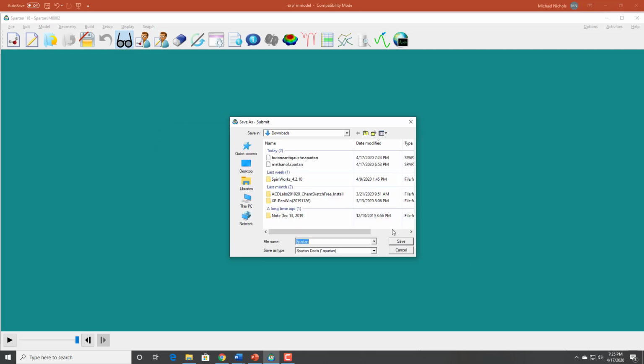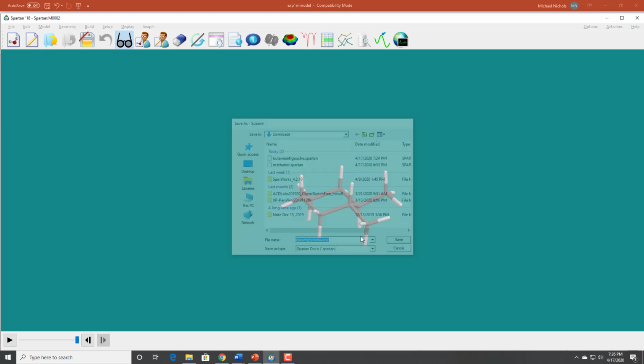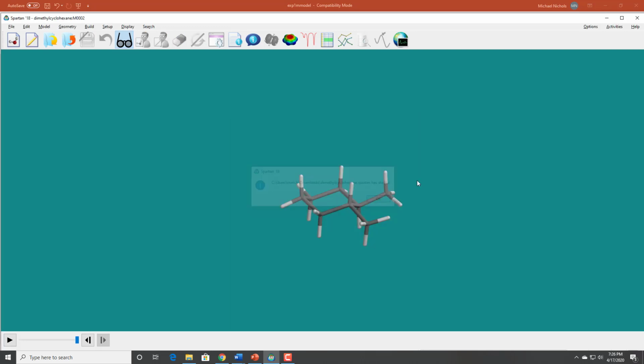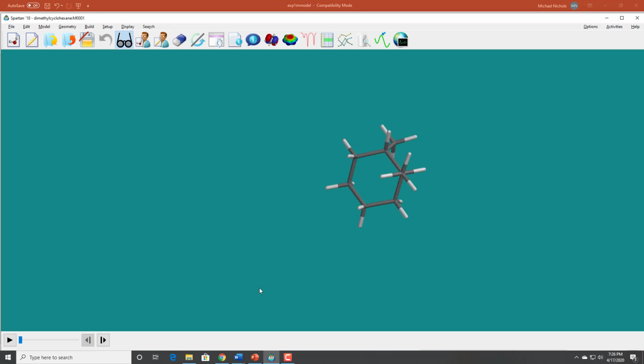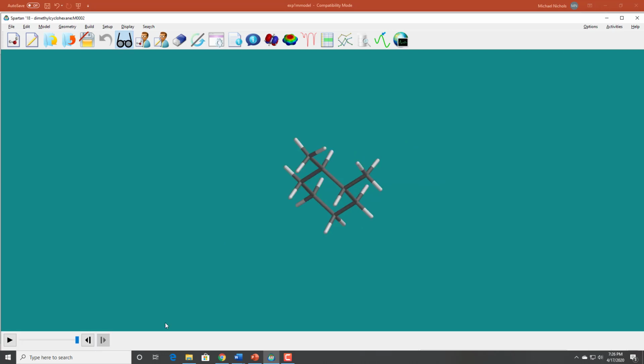I'm going to say submit, and I'm going to call this dimethylcyclohexane, and it's going to do those two molecules, and it's done. Okay, so here's molecule number 1, diaxial. Here's molecule number 2, diequatorial.